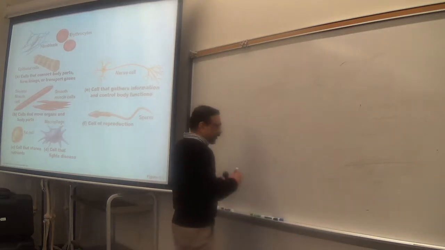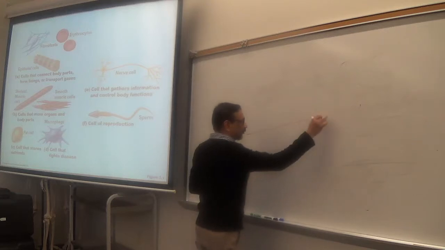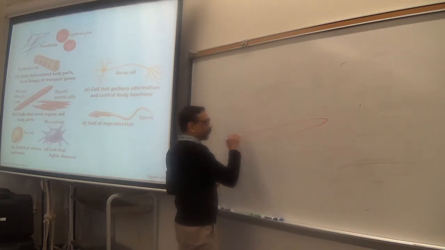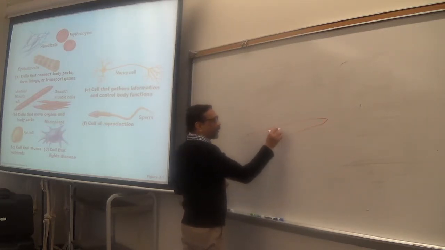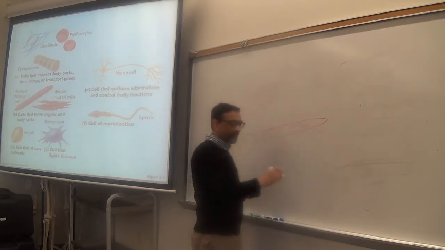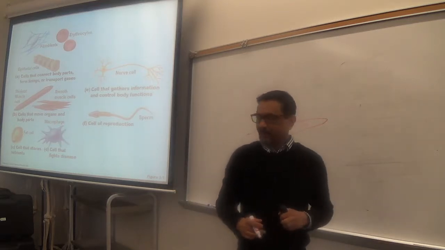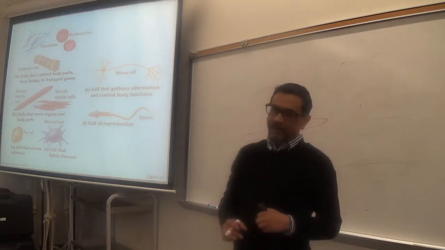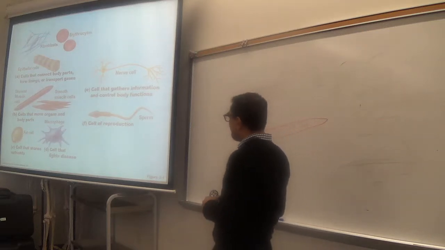Skeletal muscle cell is very long and has multiple nuclei. So if you see inside, you'll see many nuclei. So a long cell with multiple nuclei.